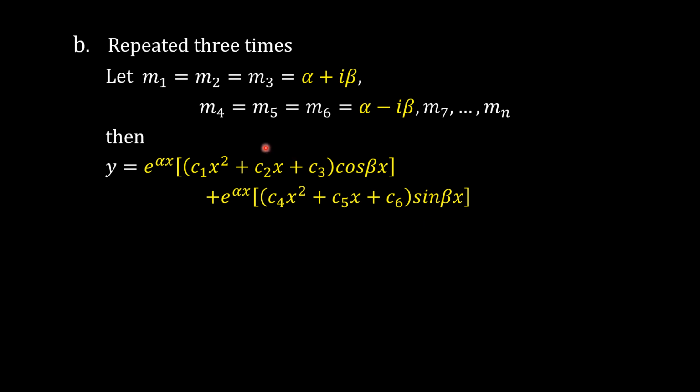Clearly here we are observing that complex roots are repeated 3 times. Alpha plus i beta is repeated 3 times. Alpha minus i beta is repeated 3 times. So total there are 6 roots, and see here we got the 6 arbitrary constants. The term corresponding to real and distinct roots will be written using the first case, which is c7 e raised to m7x plus so on plus cn e raised to mnx.